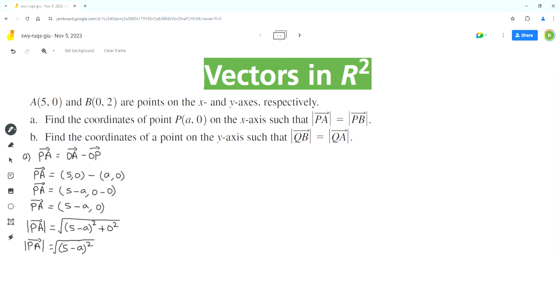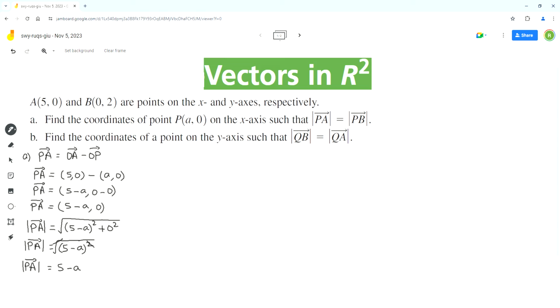And the square and the square root will cancel each other out. So the magnitude of PA is equal to 5 minus a. Now we can find the magnitude for PB.